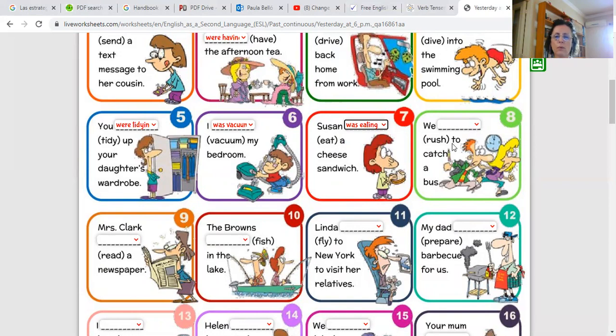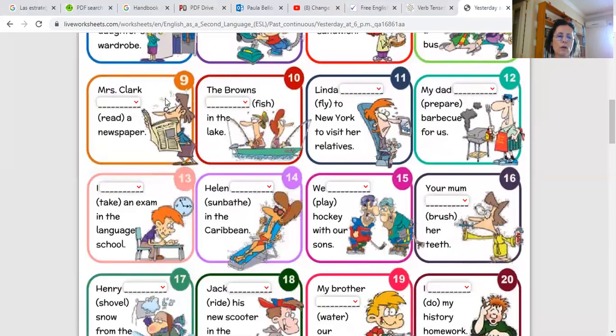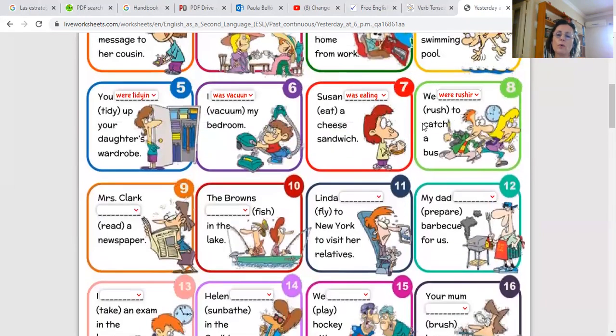Rush, going very quickly. We were rushing to catch a bus. What is rushing? Rush is going quickly, running. Rush is to go quickly. So we were rushing to catch a bus.